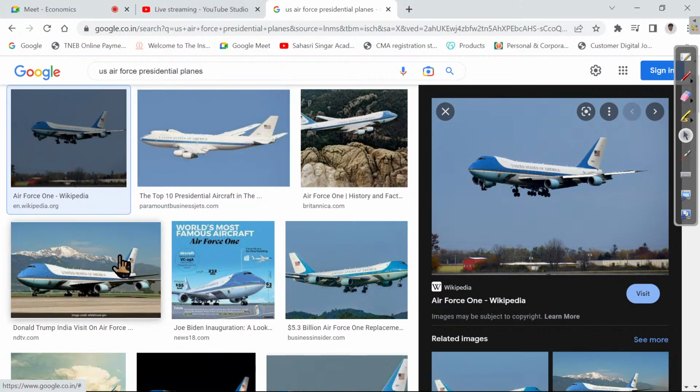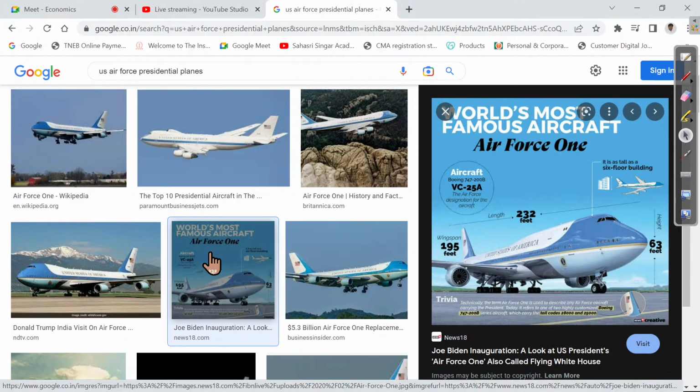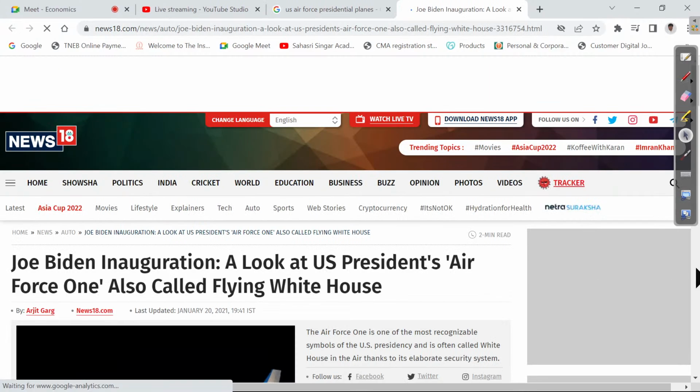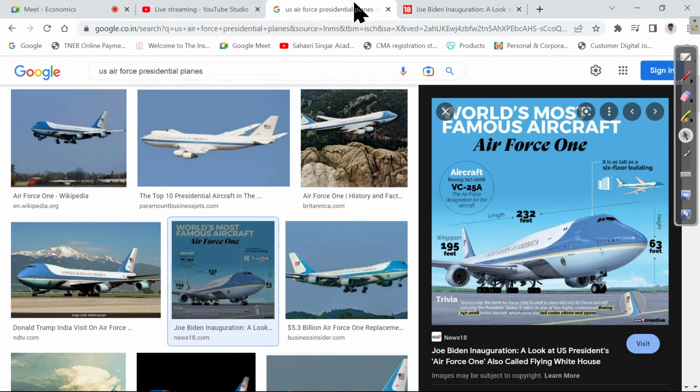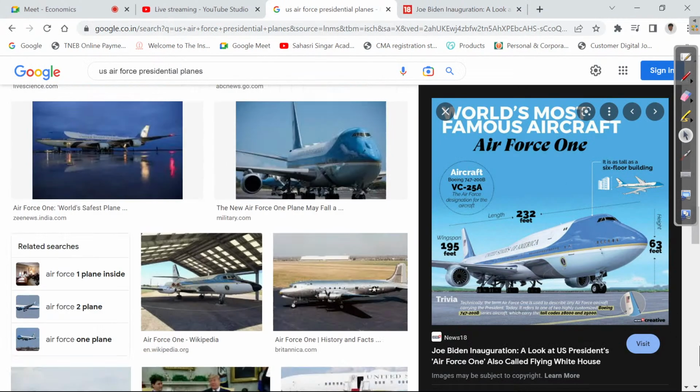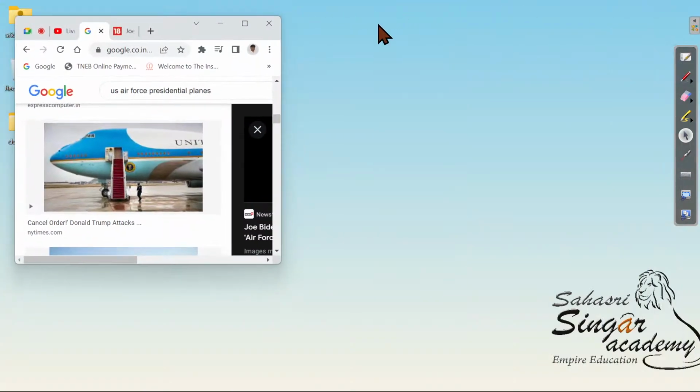I've seen that. Whose flight is this? Almost 232 feet in length and everything. If I start talking about that, I will miss out the economics, so I'll get back to the economics.